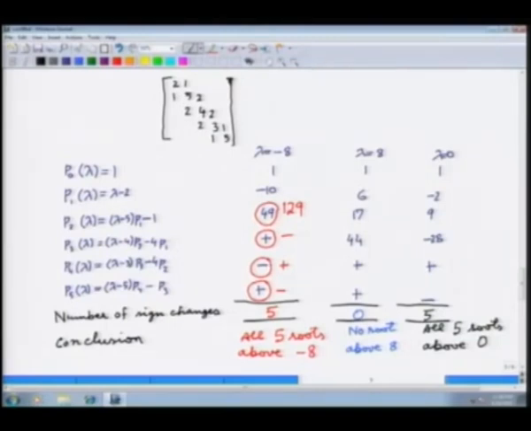So, the first 2 columns in this data for lambda equal to minus 8 and lambda equal to 8, you basically get the verification of the bounds of minus 8 and 8 for all the eigenvalues, and the third column for lambda equal to 0 shows that all the 5 eigenvalues are positive, which means the matrix is positive definite. Other than this, everything else is all right in the board work.